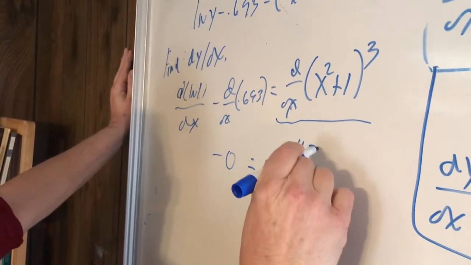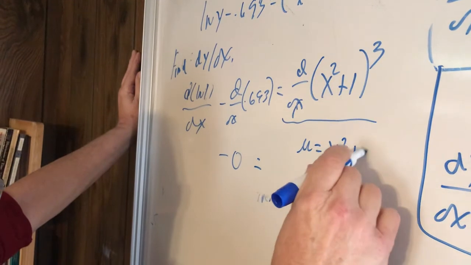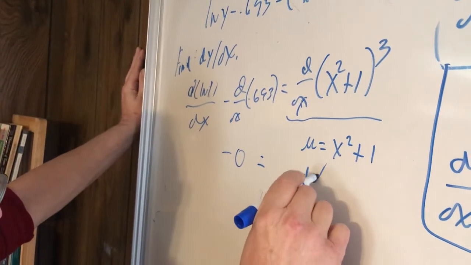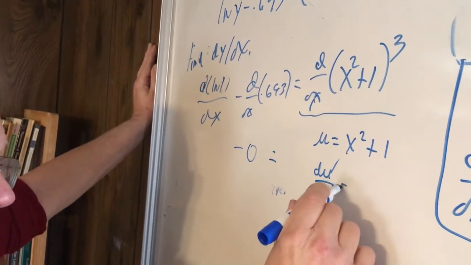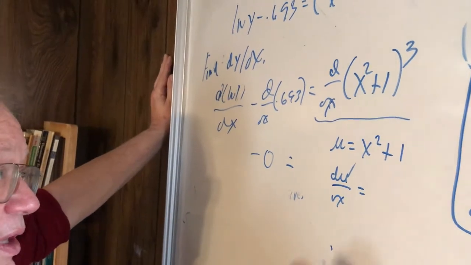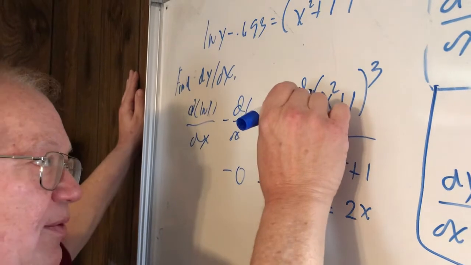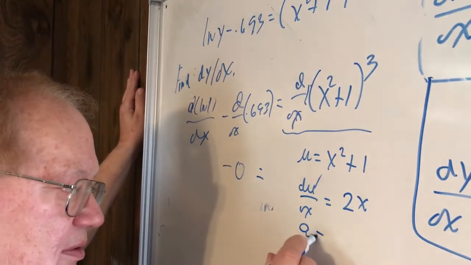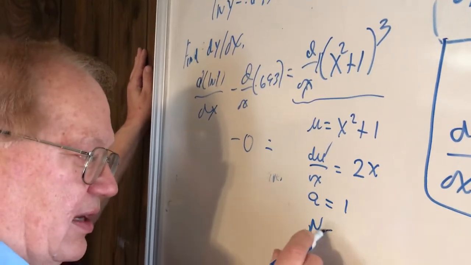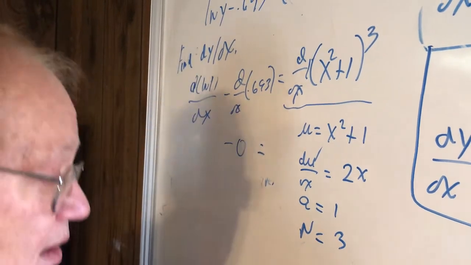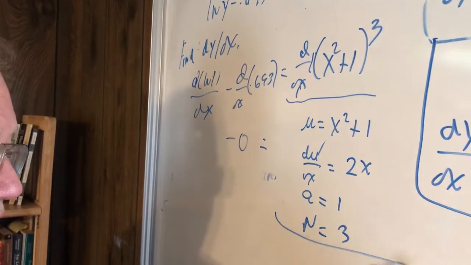So u equals x squared plus 1, du dx equals 2x, a, which is the number in front, is 1, and n equals 3. What's the formula for the polynomial chain rule?